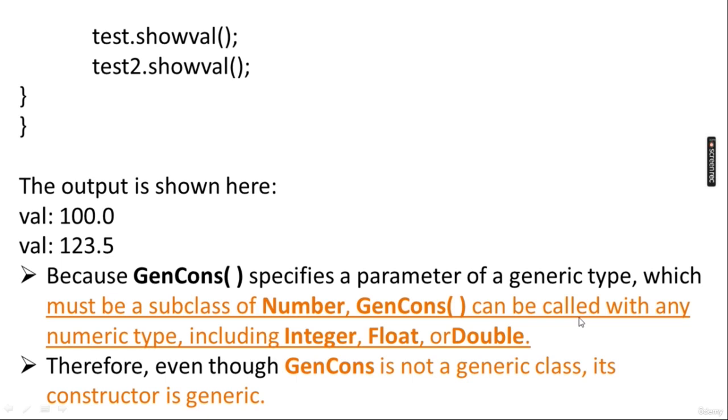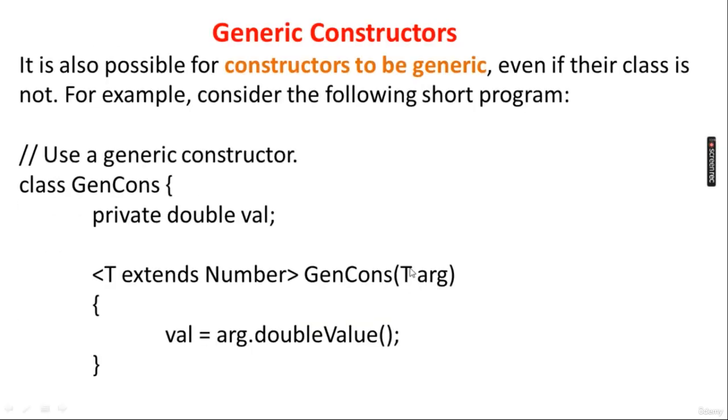Even though GenericConstructor is not a generic class, its constructor is generic. Okay, so how is it defined over here? Whatever argument that we are passing is of type T, and T is restricted with T extends Number. So anything that you are passing as an argument to the generic constructor must be of type Number only.